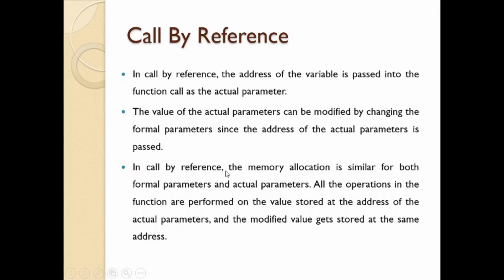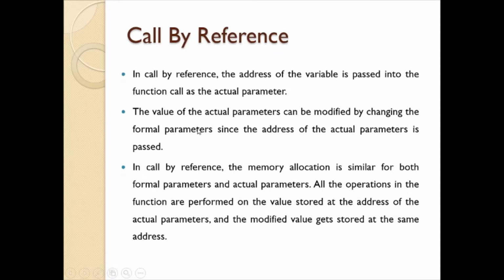In call by reference, the memory allocation is similar for both formal parameters and actual parameters. All the operations in the function are performed on the value stored at the address of the actual parameters, and the modified value gets stored at the same address.